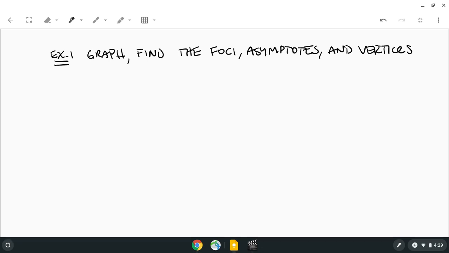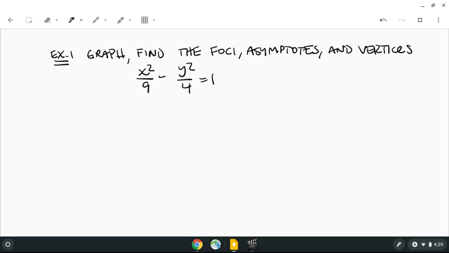So they're not asking me to find the equation of the hyperbola. Okay. So normally I start with graphing. But here they don't ask me to find the equation. So let's go ahead and here's the equation actually. X squared over 9 minus y squared over 4.